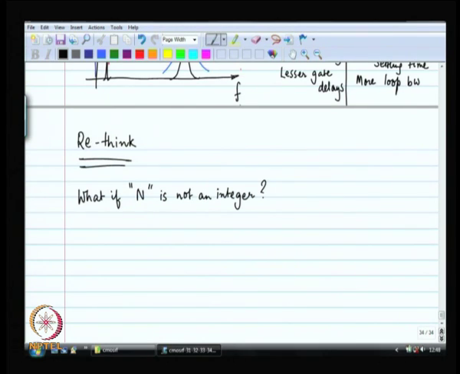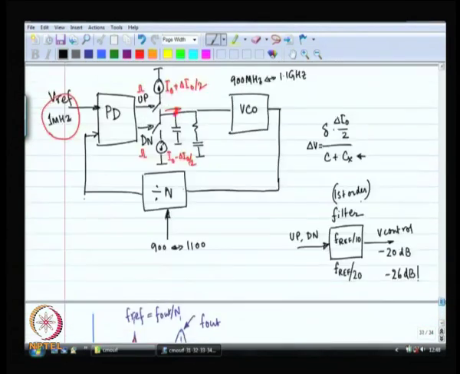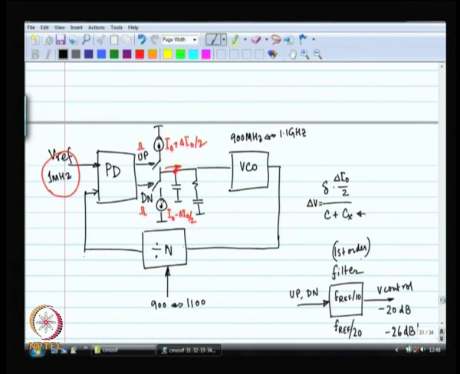Let us say that here we divided by a number n, that was our architecture. What if I do not divide by an integer? I had restricted n to be an integer. I say that let us try to design a circuit which we will make in the future. Suppose I make some sort of divider circuit which divides by non integers, by any number, any real number.